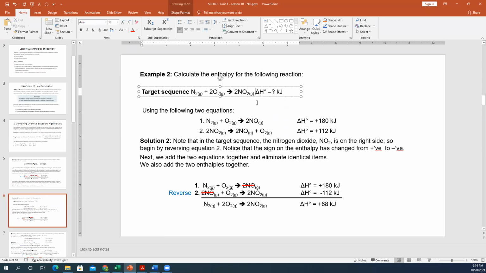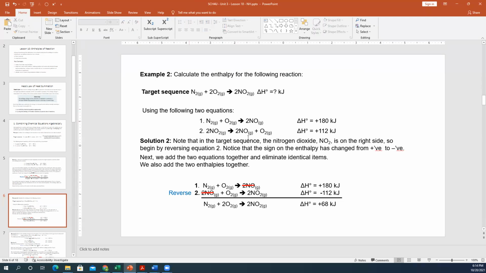And what is the delta H here? We are being asked. So we can use these two equations that we can find in tables, or it might be given to us. So one of them would be that nitrogen gas goes to 2 NO, nitrogen oxide.